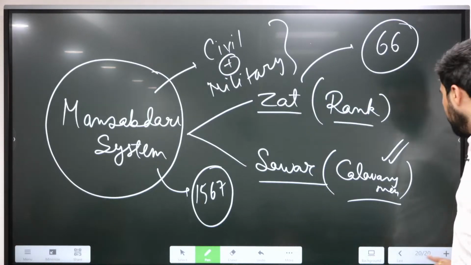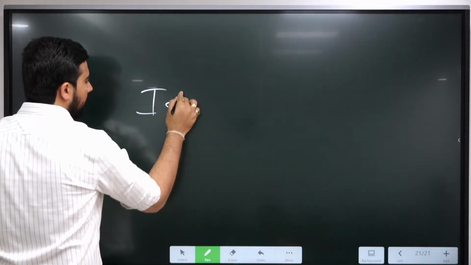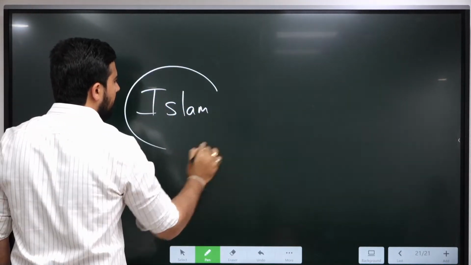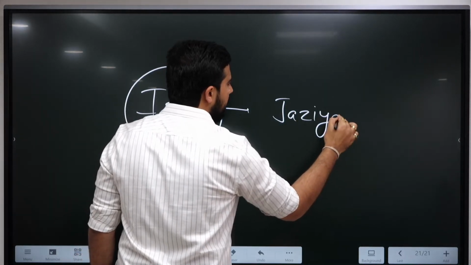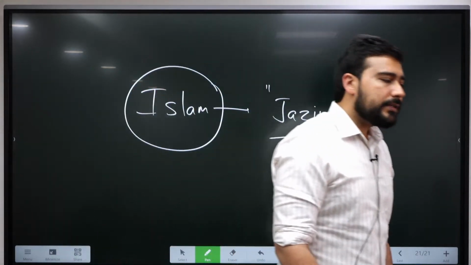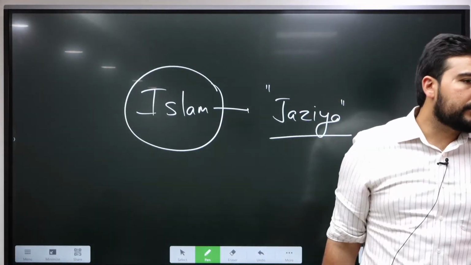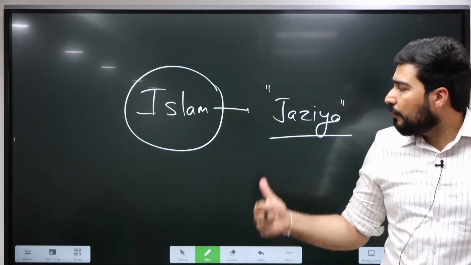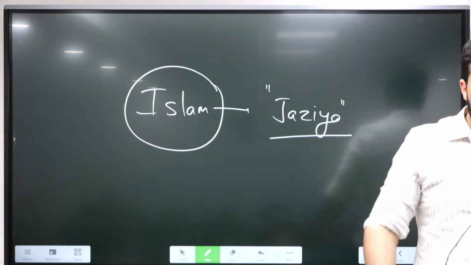One major change which began with the coming of Islam was that one tax was collected, known as Jizya. So what was this? Suppose I am a Muslim ruler and your religion is not Islam, so I am going to impose a tax known as Jizya, which will be for your protection.